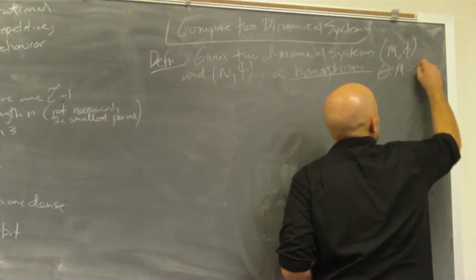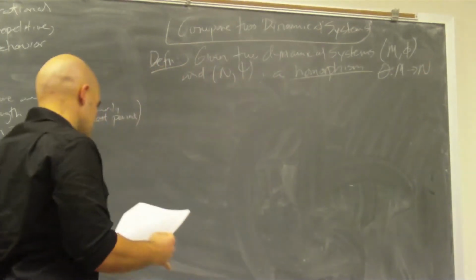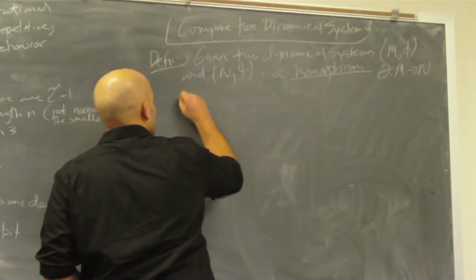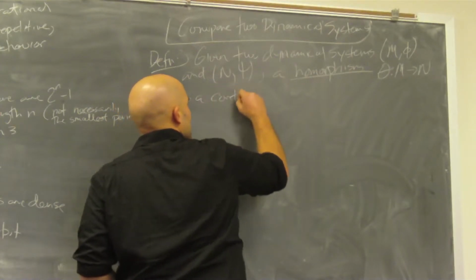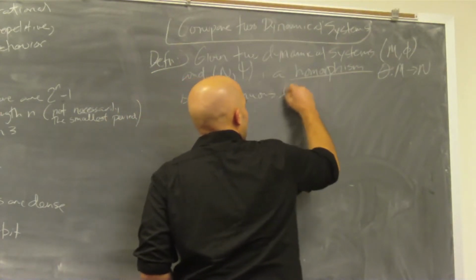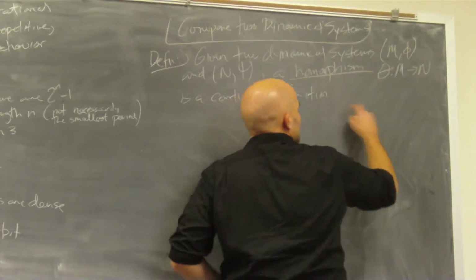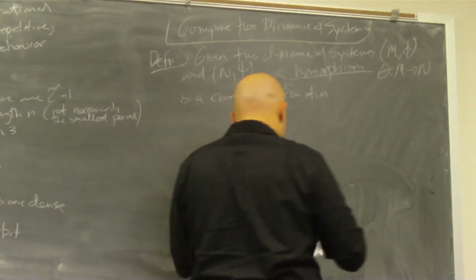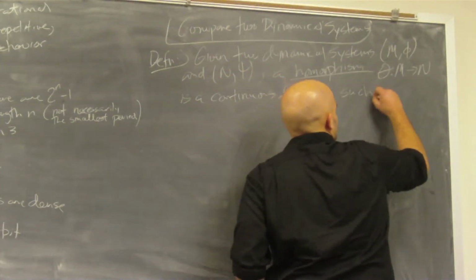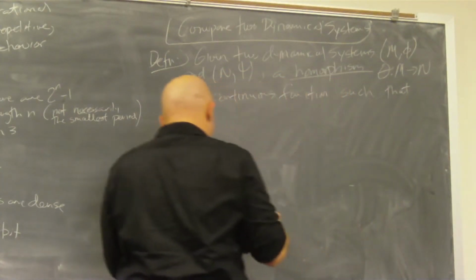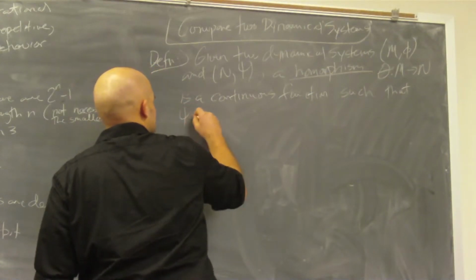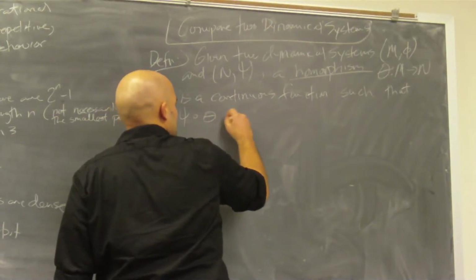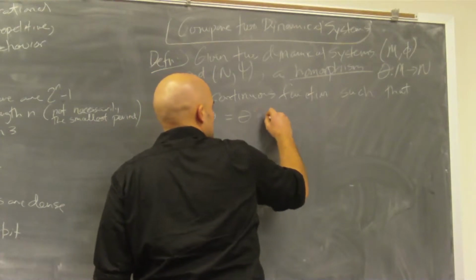It's going to go from M to N. It's just a continuous map. So it's a continuous function that relates M and N together. But again, we need some kind of interplay between the maps Phi and Psi. So how can we get that interplay? Such that we have this additional thing, a little conversion between the two. So if we take Psi and compose it with theta, it's the same thing as theta composed with Phi.